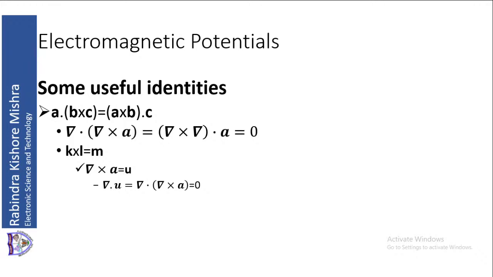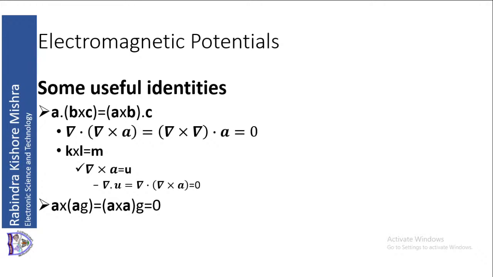So del dot U is equal to 0. That implies that if del dot U is equal to 0, the vector U is represented as del cross a, the curl of another vector. If U is the curl of another vector, then del dot U is equal to 0, or if del dot U is equal to 0, then U is the curl of another vector.